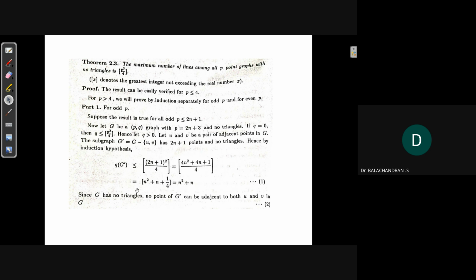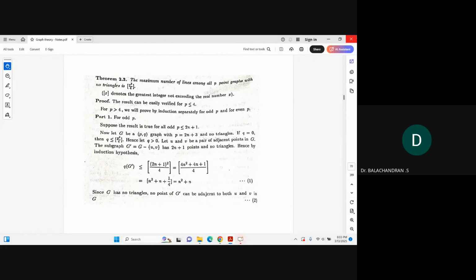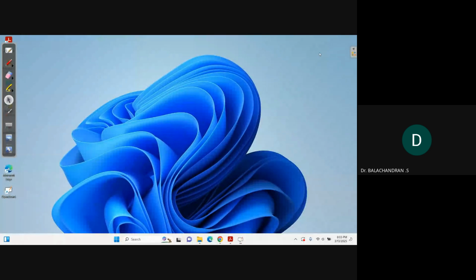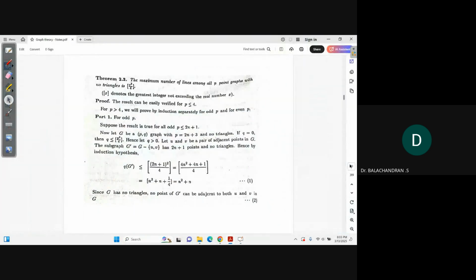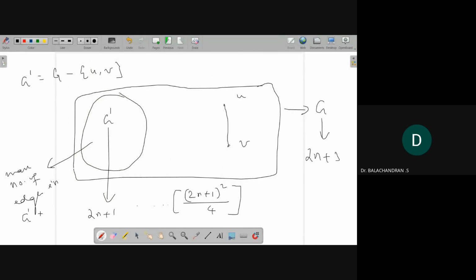So the maximum number of edges, I will write here, the maximum number of edges in G dash is n square plus n.